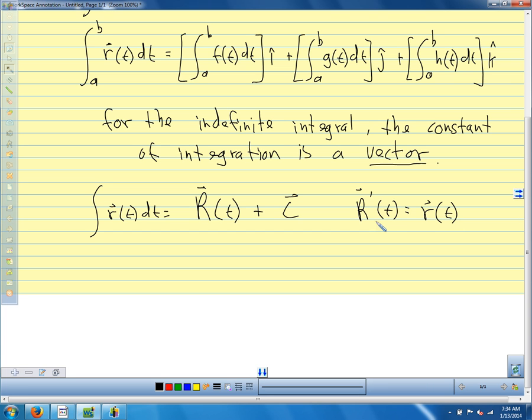So capital R is our antiderivative. So that's really the only different thing that we have to be aware of is that our constant of integration is a vector, and we integrate component by component. Nothing different, nothing new, nothing unusual. We just have to remember this piece.